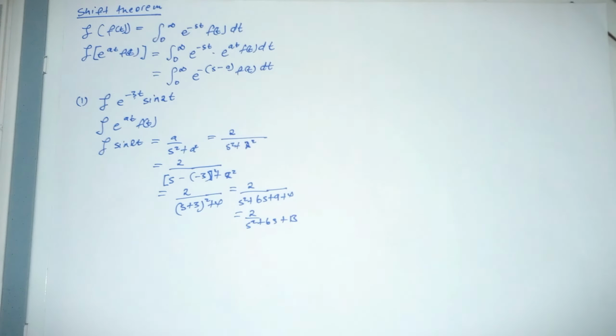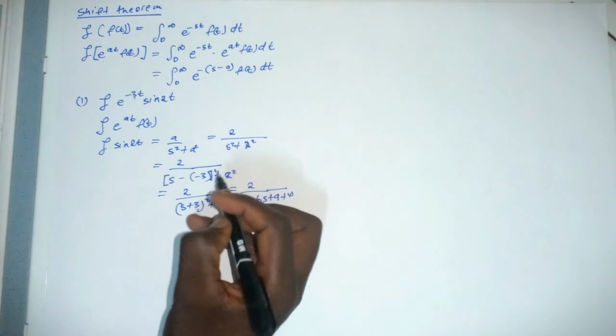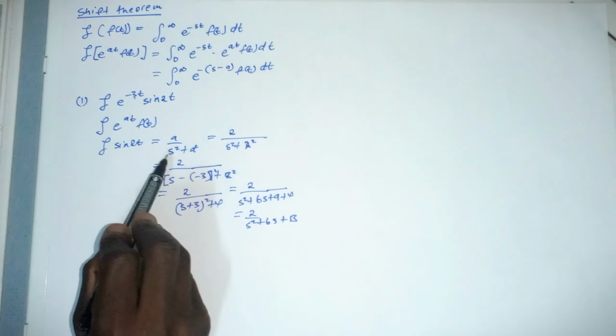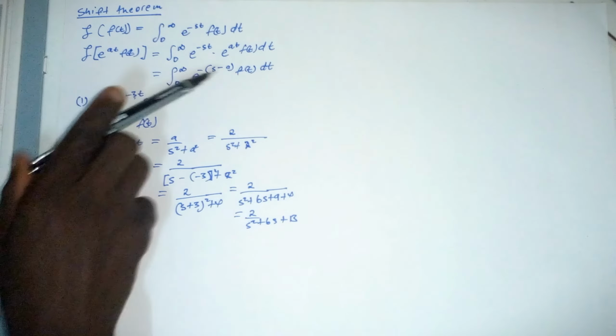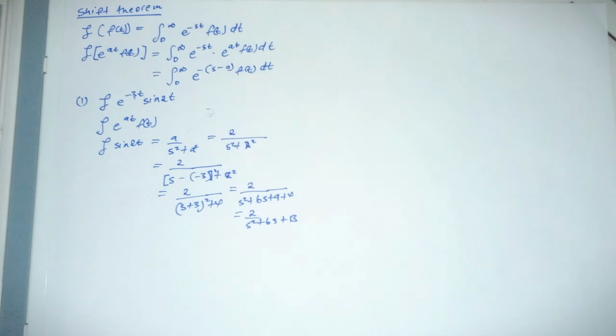Okay, and let me repeat here. I've said that the Laplace transform of sine at is a over s squared plus a squared. So what we're going to do, we've said that wherever there's an s, we're going to replace it with s minus a.